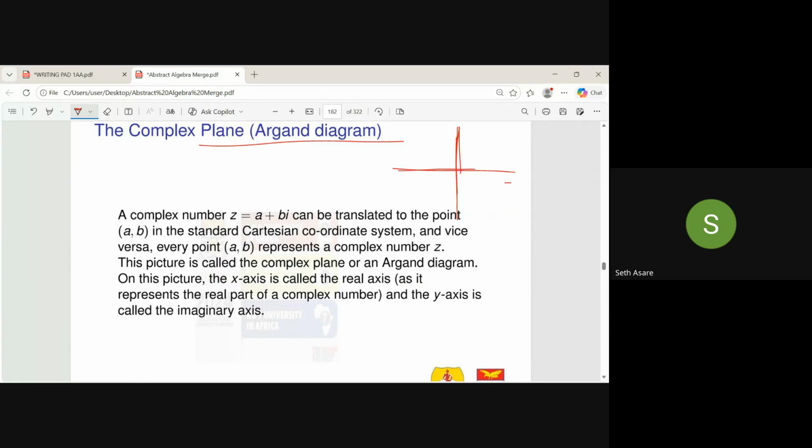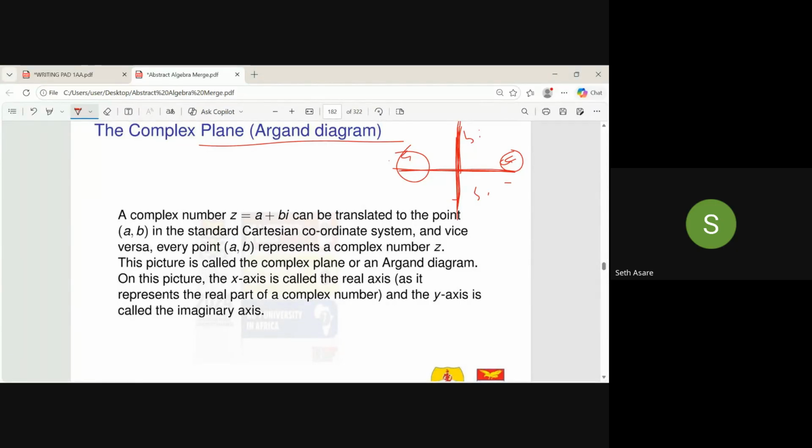This horizontal one takes the real part. So it will be minus A here and A here. Then here will be BI, and minus BI. So the horizontal is the real axis, and the imaginary axis is taken by the vertical.